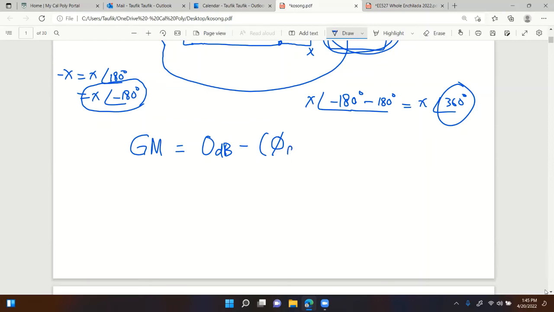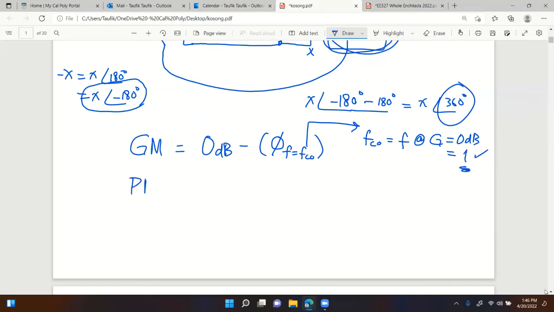And what is special about crossover frequency? Crossover frequency is the frequency at which the gain is equal to, anybody? 0 dB, or in linear gain is equal to 1. That's important to know.